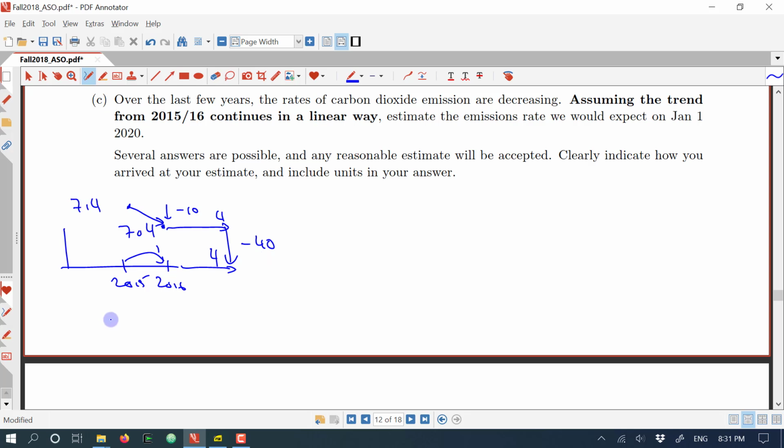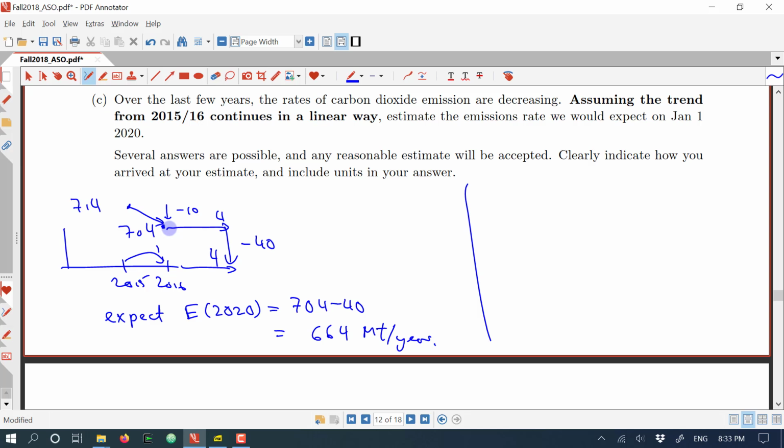So we would expect that the emissions in the year 2020 would look like 704 minus 40, or 664 megatons per year, because it's a rate.